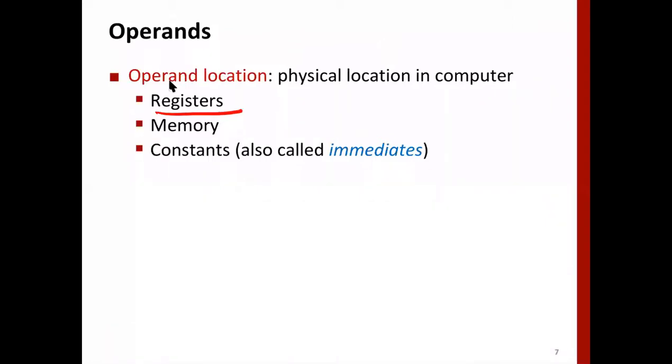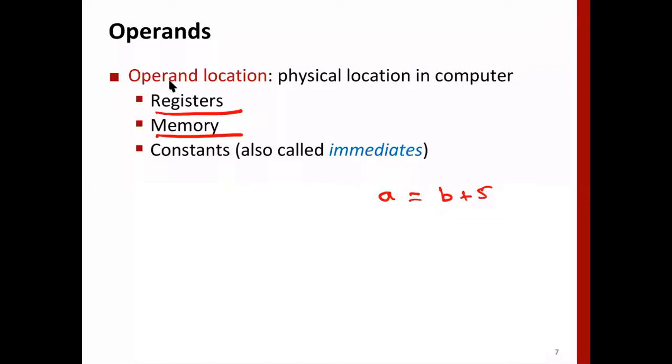Operands can also be in memory, where we need to bring data from memory. And thirdly, there can be situations wherein we want to do certain operations where we need to use a constant. For example, in a higher level language instruction like a is equal to b plus 5.